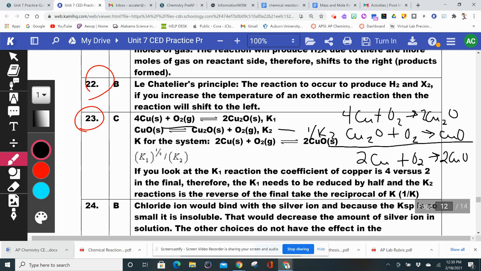So if we took half of this one away, which would be the same as raising it to the 1/2 power, we divide that in half and that in half, and that would become a half. Then when you add these two things together, you would have those canceled out. You would have 2Cu plus an O2 plus 2CuO. This would be K raised to the 1/2, and that would be the inverse of K because we turned it around backwards.